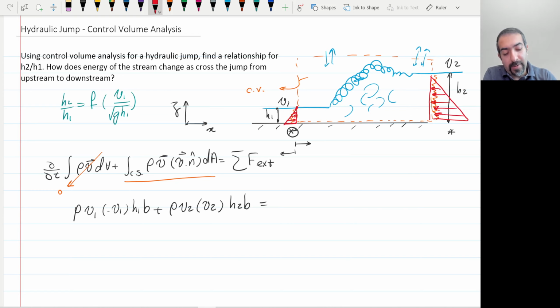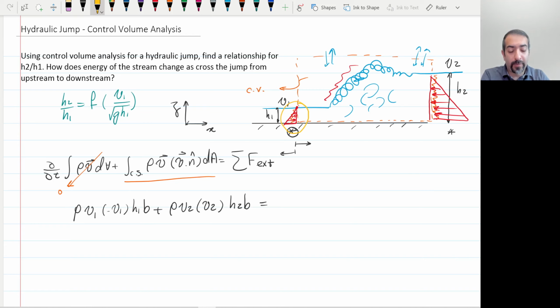Okay, so how much is the pressure? We assume atmospheric pressure is 0, so there is no contribution on any other part. So let's focus on the left-hand side and see how much force we have acting on the control volume.